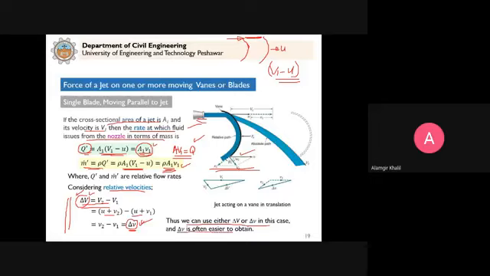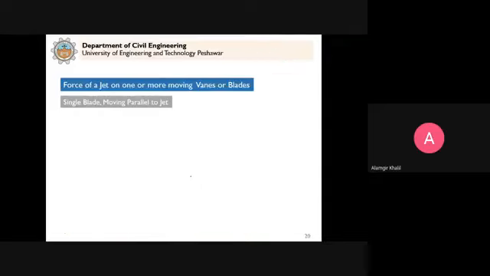Clear? You will get the same answer. But this change in relative velocity is easier to obtain, so you will prefer to use this in the problems. But whether you use capital delta V or small delta v, you will get the same result. Clear? This is a very easy proof that is given in our textbook.